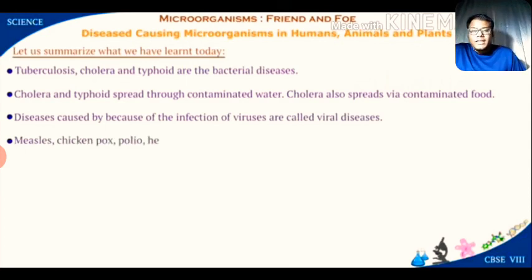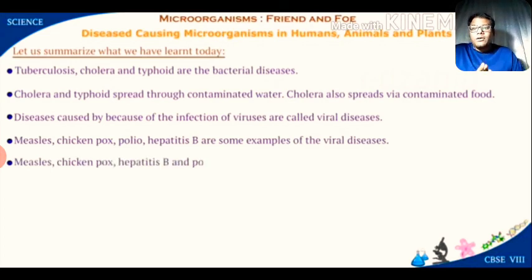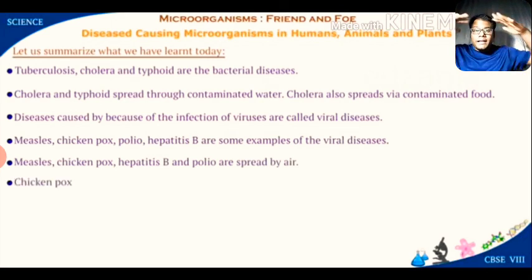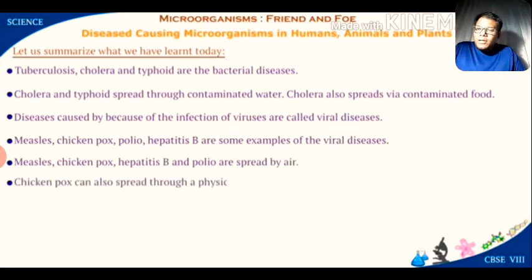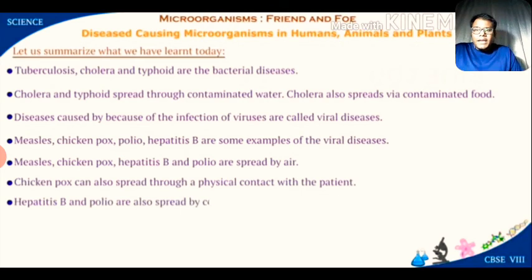Measles, chickenpox, polio and hepatitis B are some examples of viral diseases. Measles, chickenpox, hepatitis B and polio are spread by air. Chickenpox can also spread through physical contact with a patient. Hepatitis B and polio are also spread by contaminated water.